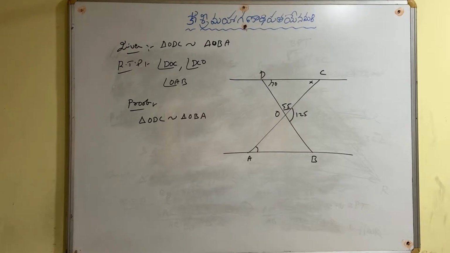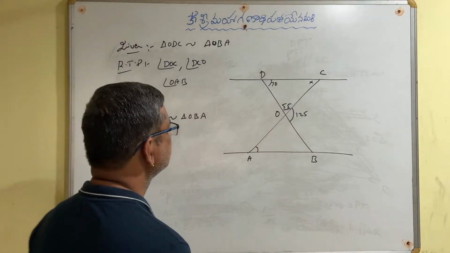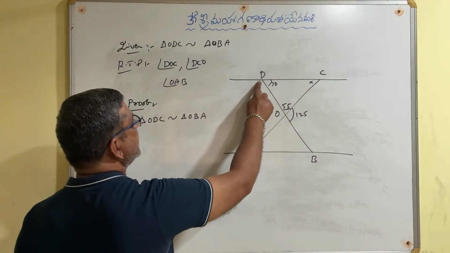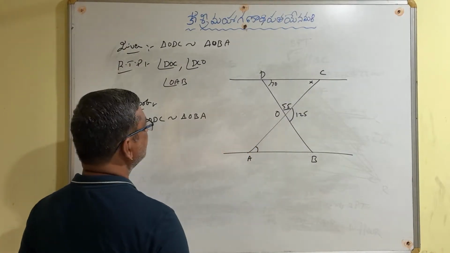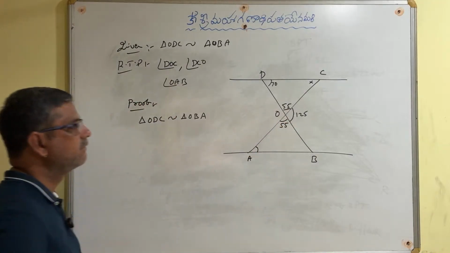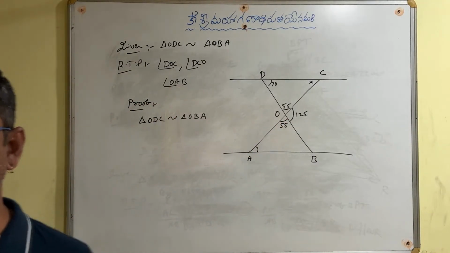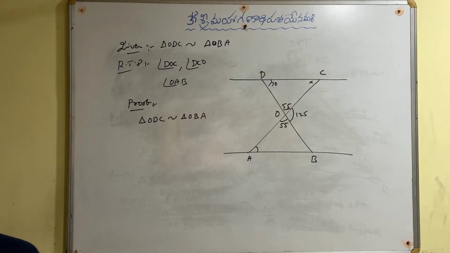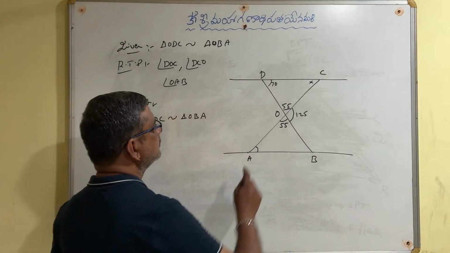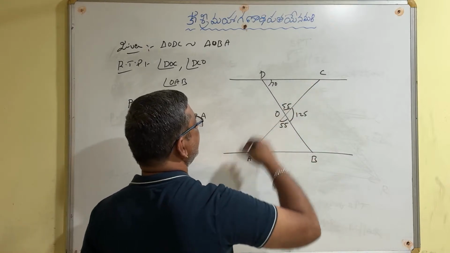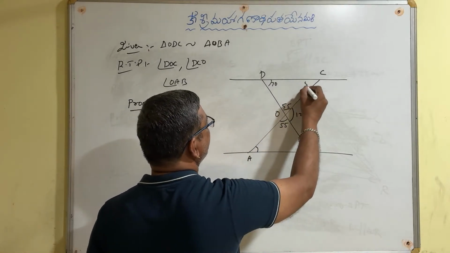Next one, angle ODC. If this is 55, this is also 55. Vertically opposite angles, you can say, are again a linear pair of angles with 125. Now, by angle sum property of triangles, this angle will be 55.